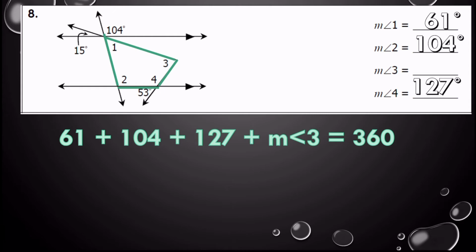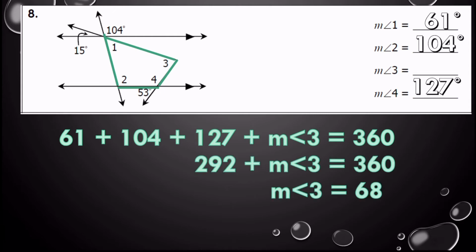I add all three angles, I subtract, and get 68. So did I go through 7 and 8 quickly? Yes, but you can pause, you can rewind. You need to listen. You need to understand how I found those angles. We've been doing this. The only difference now is I throw in a 4-sided shape versus a 3-sided shape.